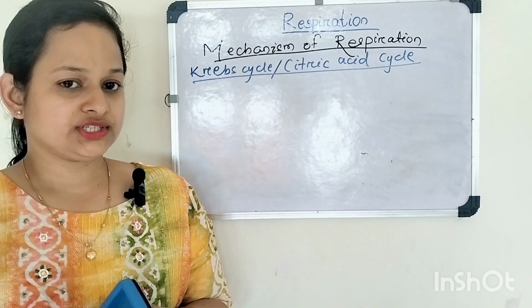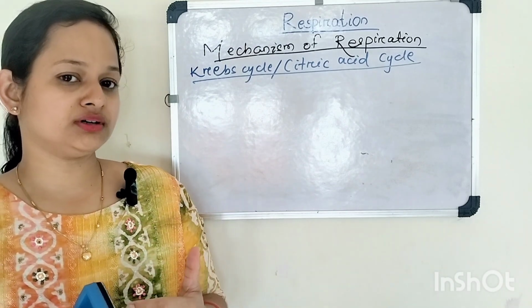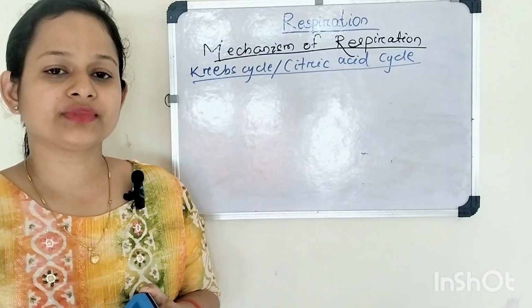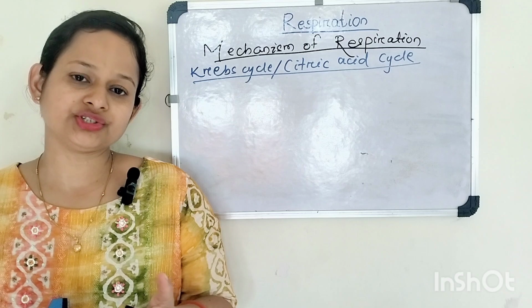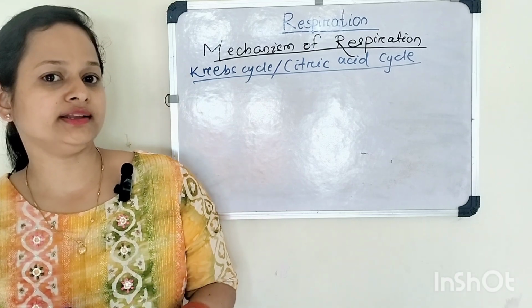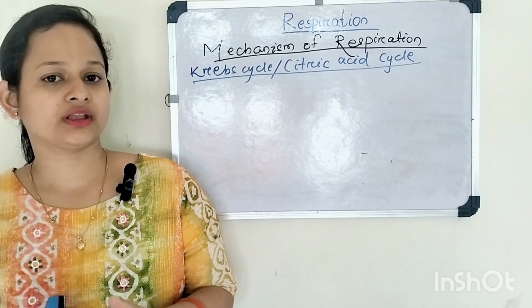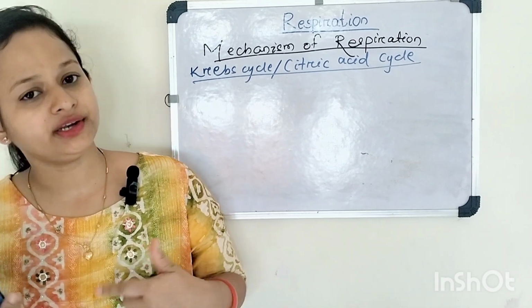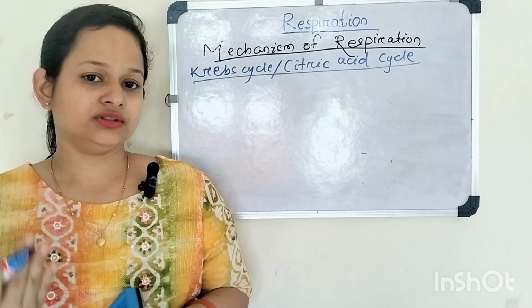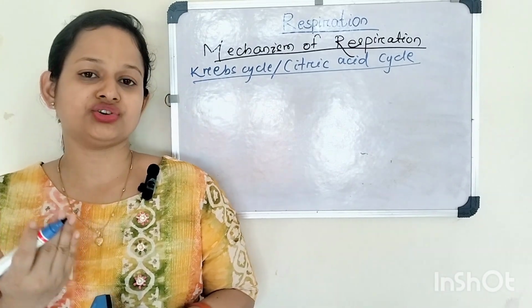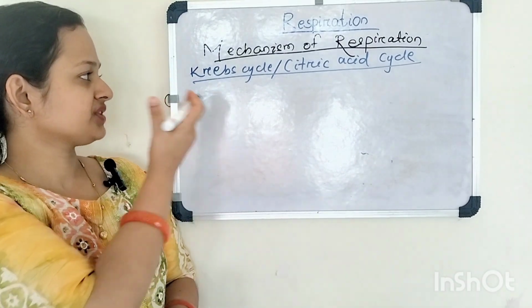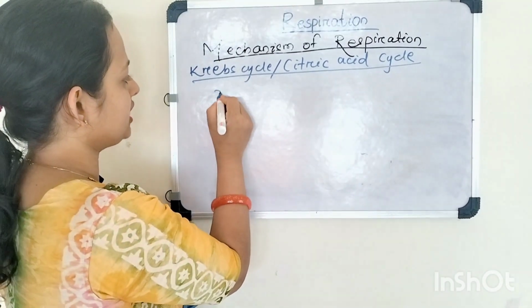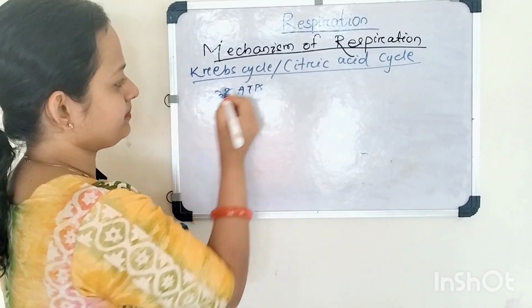The aerobic mode of respiration, after following the glycolysis process, undergoes the Krebs cycle. In it, the glucose converts into pyruvic acid, and then into carbon dioxide and water and a large amount of energy, that is 38 ATPs. So the complete oxidation of glucose occurs in the Krebs cycle, with the formation of 38 ATPs.